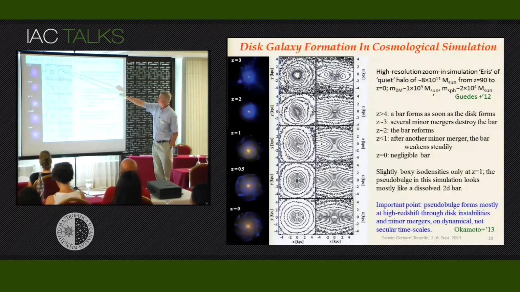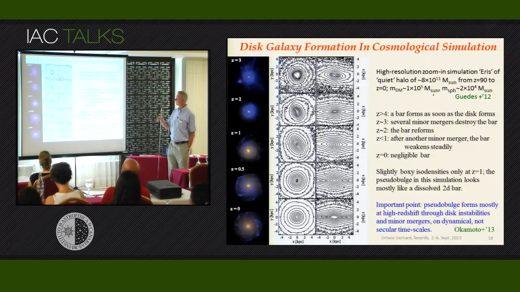You can see the object here forming a bar and then being disturbed by some minor mergers that destroy the bar, having the bar reformed, then weaken it at the end. And at the end, there's what's called a pseudo-bulge. We'll come to this in one of the next lectures. A pseudo-bulge is, I think, a bit of an unfortunate word, but it's used to describe bulges that are made from disks, fundamentally.